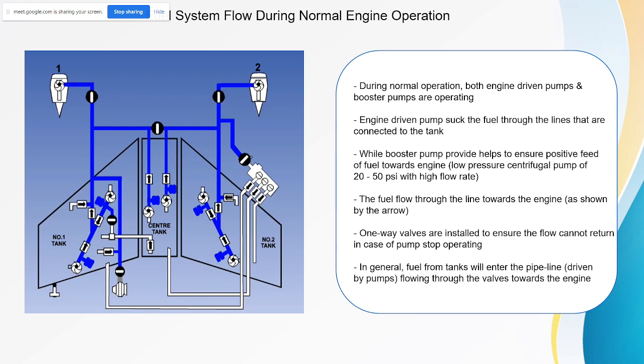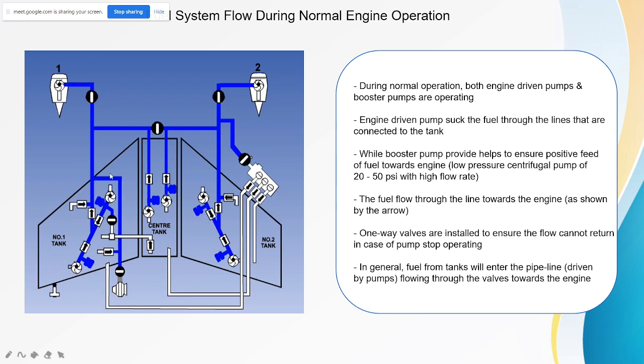Positive feed here is to ensure that the flow is directed towards the engine and no flow is backwards, because when the plane is flying there may be some movement of the fuel, since this system is quite large.